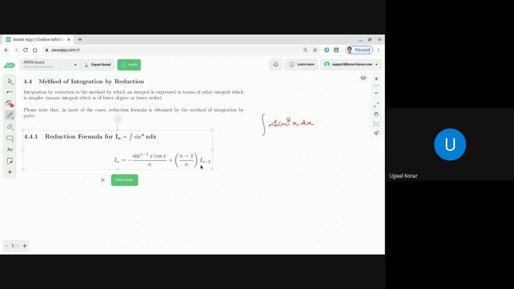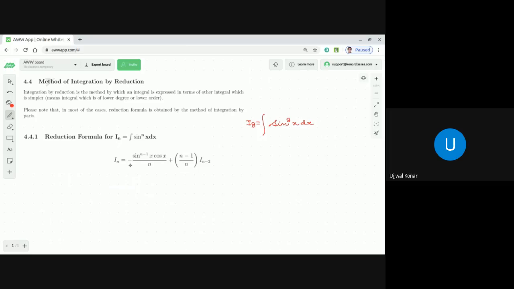If you look into the reduction formula for sine to the power nx dx, n is a parameter here, so we name it I n. If you make an analogy to the question I gave, we need to find the value of sine to the power 8x dx. That means we need to find the value of I8. Correct or not?